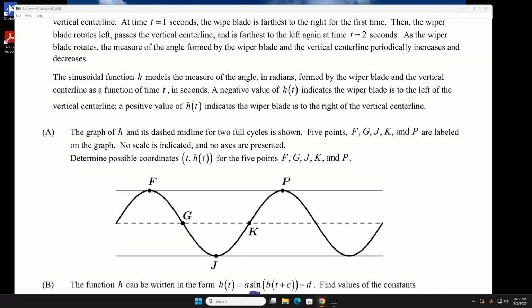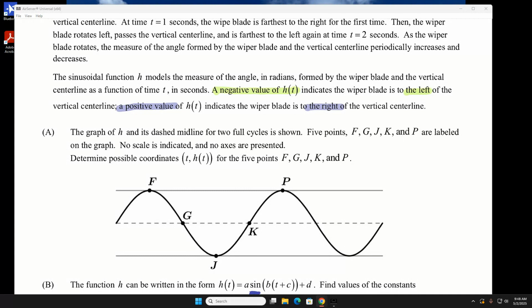This is important right here. A negative value for h of t indicates the wiper blade is to the left, and a positive value for h of t indicates the wiper blade is to the right. That is important. I kind of read over that fast in my other class.